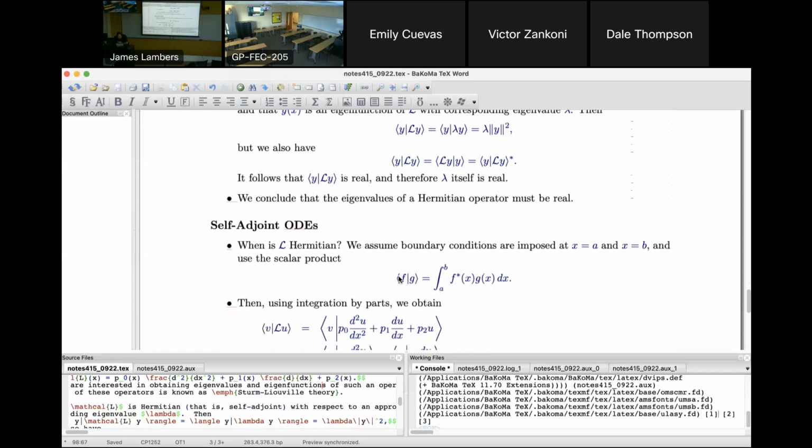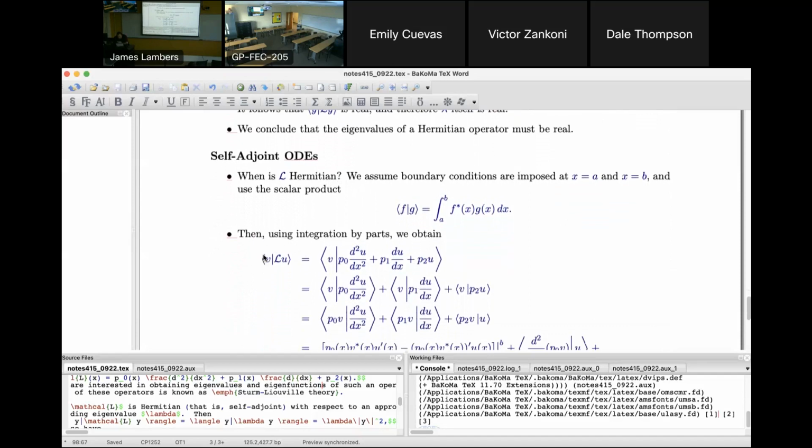Now, Hermitianness is defined with respect to a particular scalar product. Cauchy is a different one, but we want to see when L is self-adjoint with respect to this scalar product.